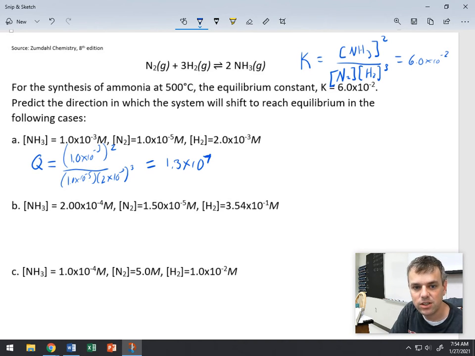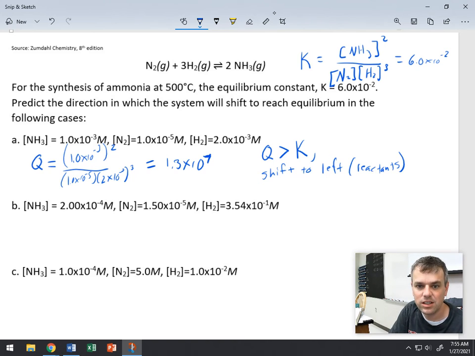So in this case, Q is greater than K, so it will shift to the left, or reactant side.